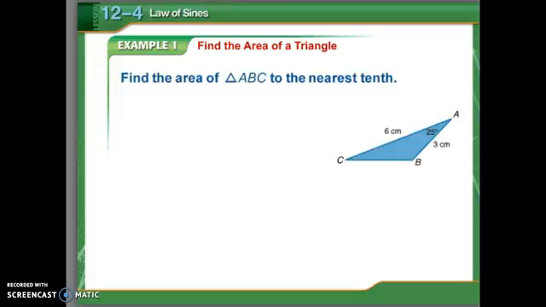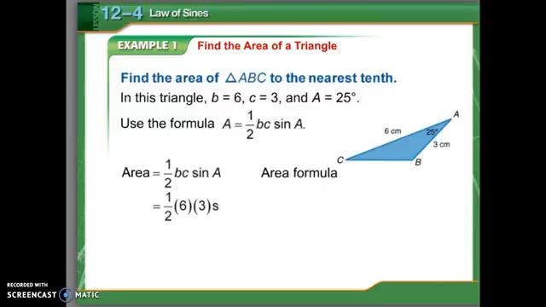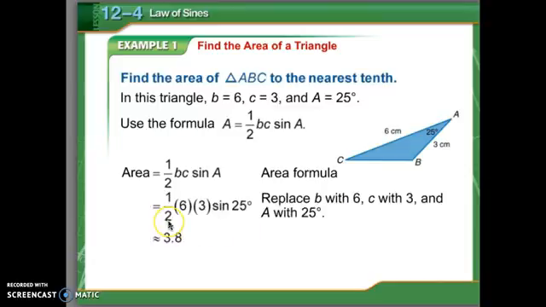So we're going to apply that formula to the first example where we find the area of this triangle that we're given. So we see that side AC is 6 centimeters, side AB is 3 centimeters, and angle A is 25 degrees. So essentially what we're going to do here is just multiply the two sides we know times the sine of the angle 25 degrees, and then multiply that by 1/2.